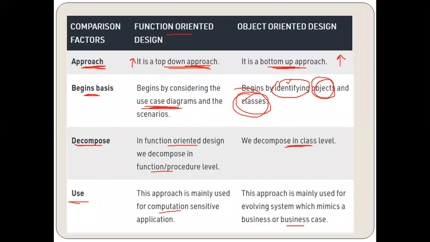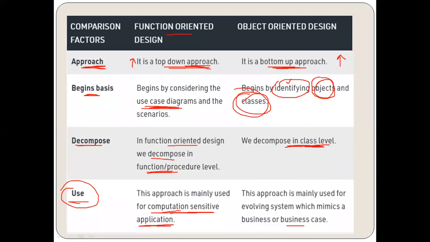Next parameter is decomposition. In function oriented design, we decompose the function and the procedure, while here we decompose at the class level. Now, where to use these, the function oriented design is mainly used when we are using computationally sensitive applications.